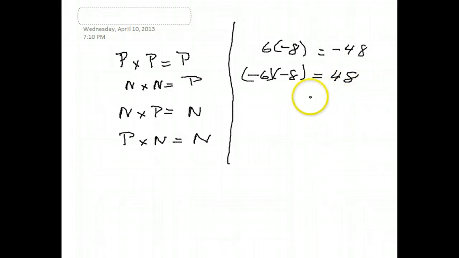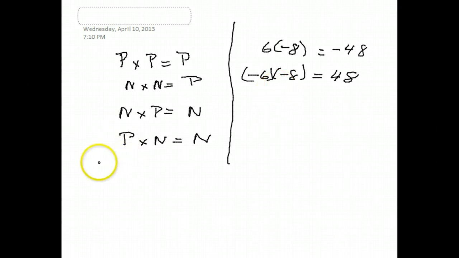Now, the rule here is, if you follow the logic, if I have two negatives and I multiply them, I get a positive. What happens if I have 3 negatives? Well, 2 of the negatives are going to give me a positive, and then I multiply by a negative, so the answer is going to be negative.